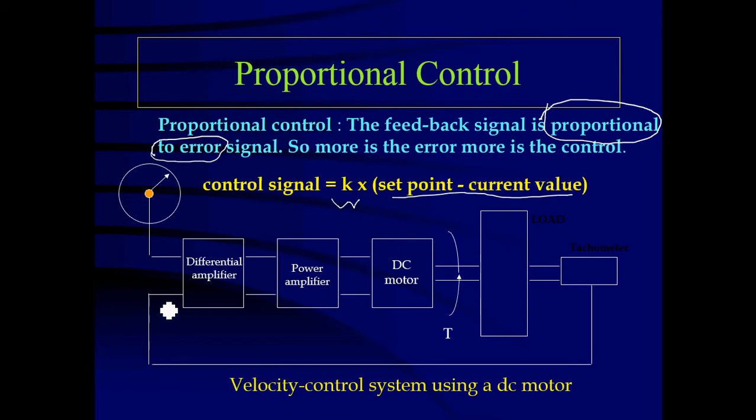Then in here you do the comparison. So this is your set point, your set value. This is the way you want it, and then it goes to this power amplifier and the control system here. I mean, and the system, of course.